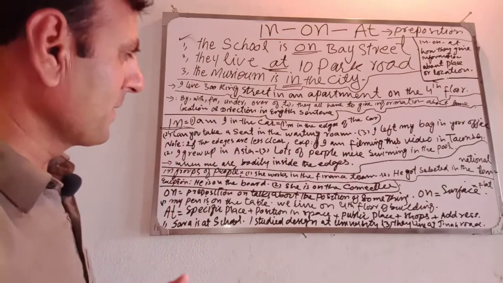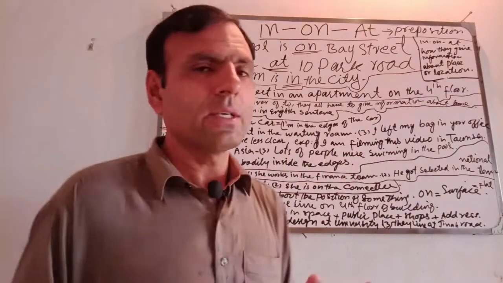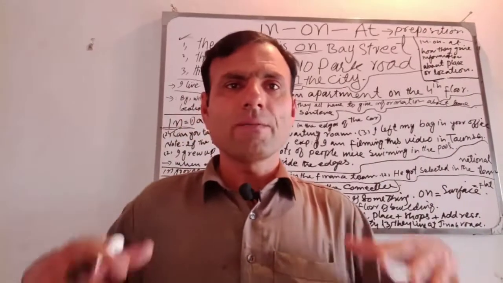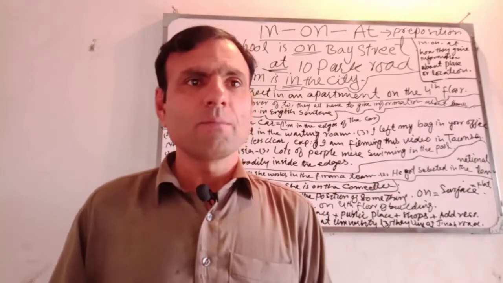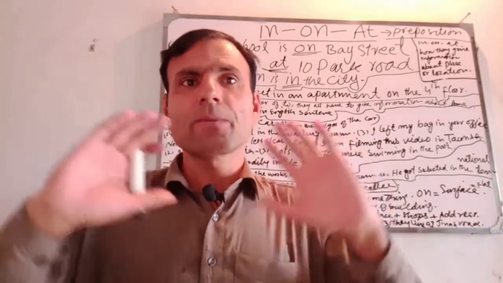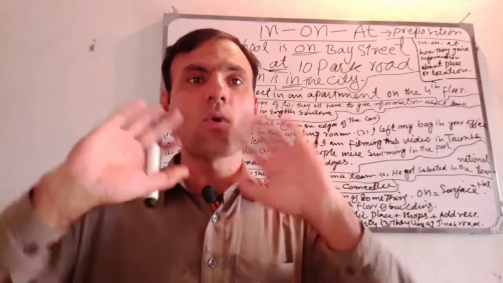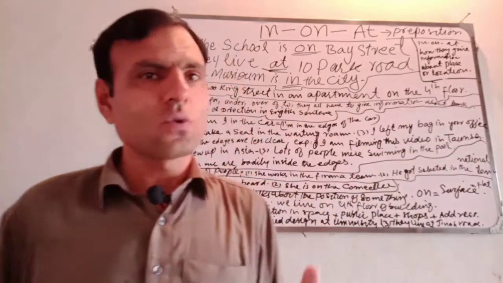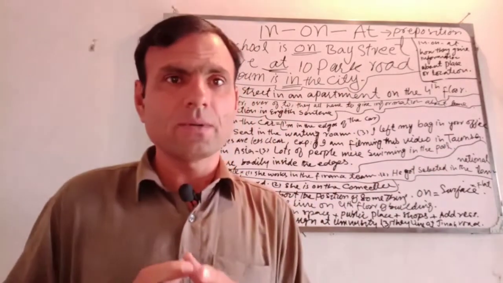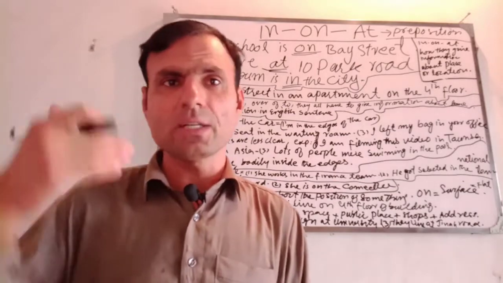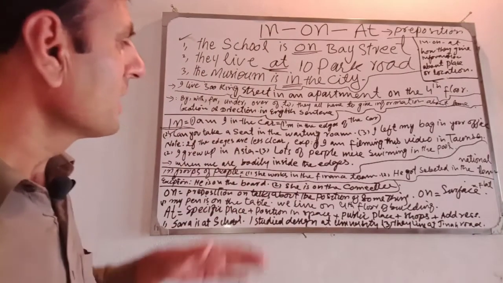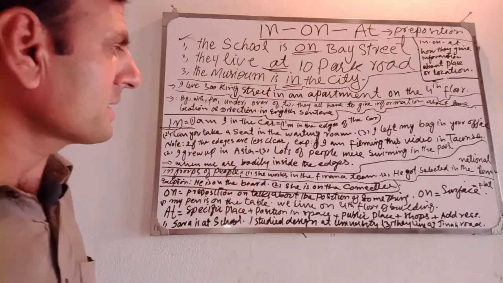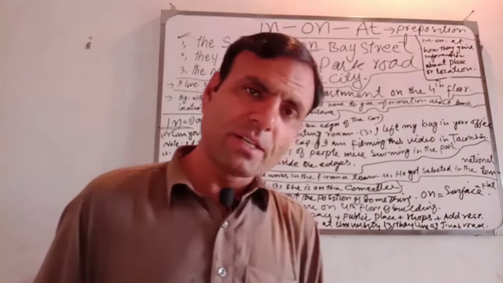In groups of people, if you are working with a group of people, you are inside the people. You can consider that the people are your walls or edges around you. So if you are working in some group of people, you will still use the preposition in. For example, she works in the finance team.